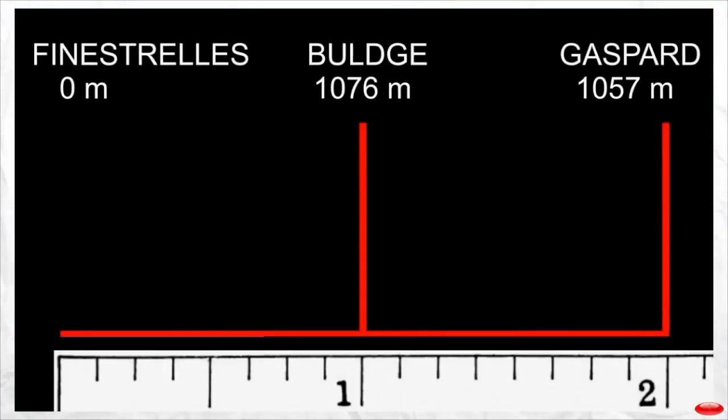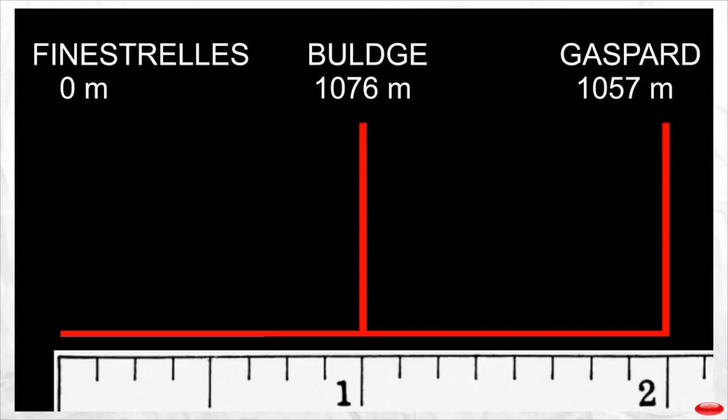As we close this study, let us determine by how much the line of sight, mountain peak to mountain peak, should have been blocked according to the globe Earth model. This is a graph with the height of the lower peak, Mount Fenestrelle, subtracted from the height of Mount Gaspard and from the height of the globe bulge.